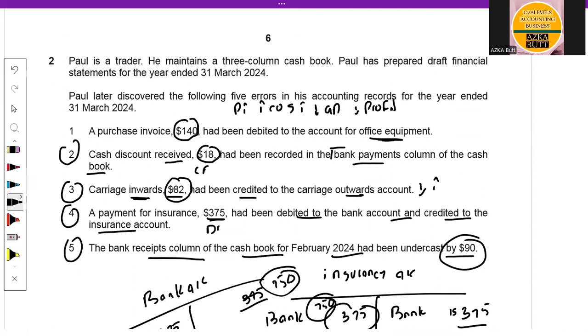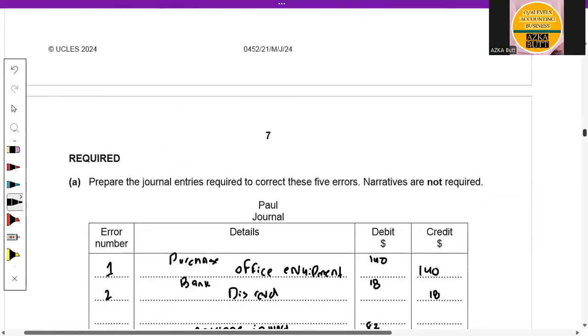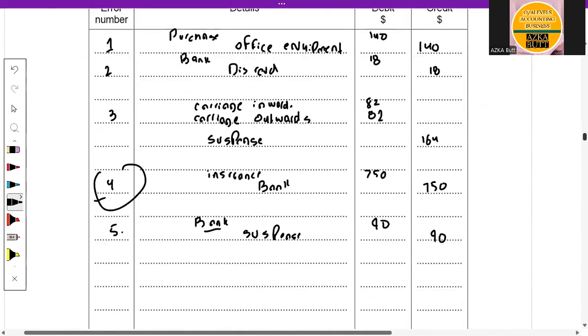First of all, the carriage inward account would be increased, and at the same time your carriage outward account would also increase when you debited it. So we will be deducting this $82 amount with the double amount from the profit. 82 multiplied by 2, as you can see, is 164. So we have to deduct the 164.